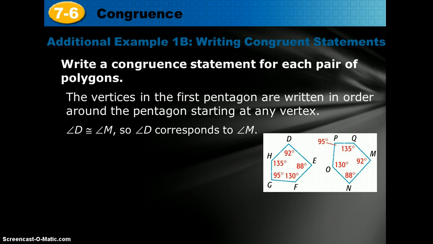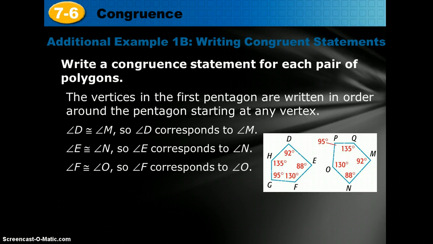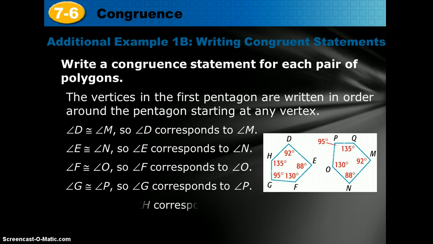Then find the next angle. Angle E has a measure of 88 degrees, and that corresponds to angle N, which also has 88. So I could write a congruent statement: angle E is congruent to angle N. And I could proceed in this manner. I could match up F to O, G to P, and H to Q. Notice each time that the angles are congruent to each other.